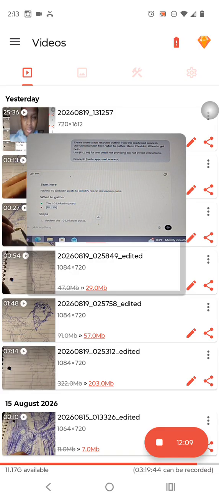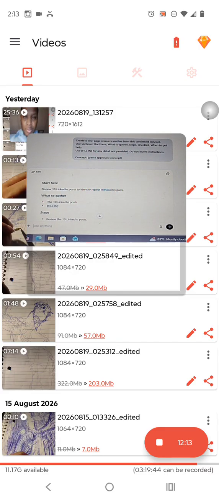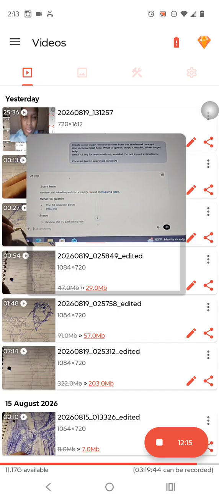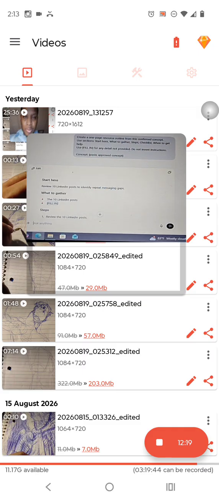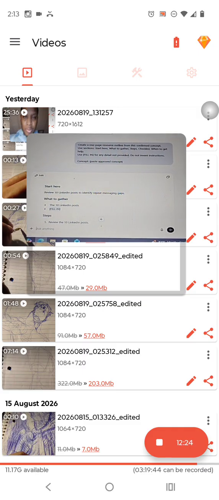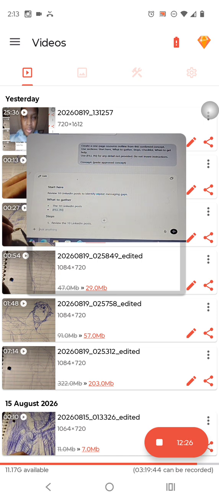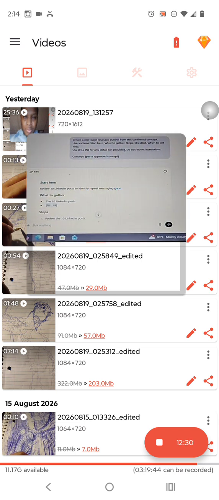I filled that in. I taught ChatGPT before this, so it has the information to fill in for me. It uses what I filled in for any detail not provided, and it does not invent instructions. Then I pasted the approved concept.